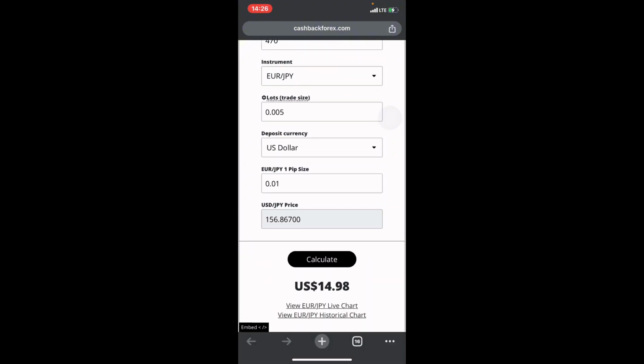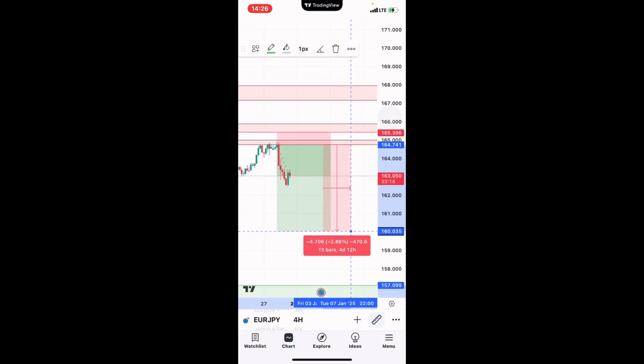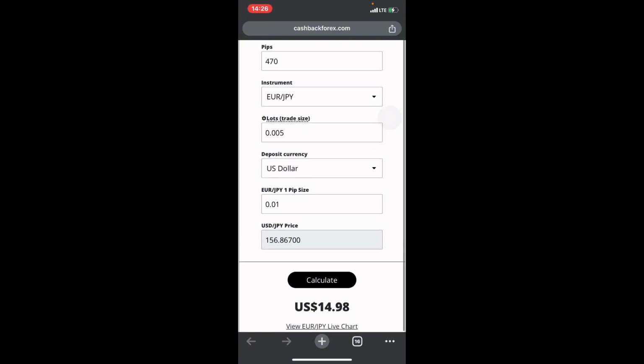This is what I'll be making on my $10 account. Any trade I open, so far it's this and it reaches the full TP, this is what I'll be making. In the $10 account, I can open like 3 positions and I'll be making this profit.